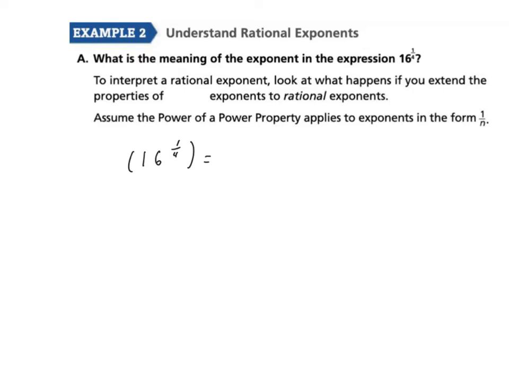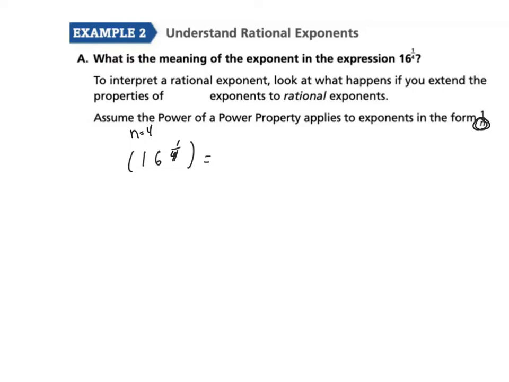And what we want to do is figure out what number to the fourth power is going to give us 16. Why to the fourth power? Well, because we're looking at this n right here. In this problem, our n is equal to 4, because it's 1/4. So the number under that 1 is what we're trying to look for.